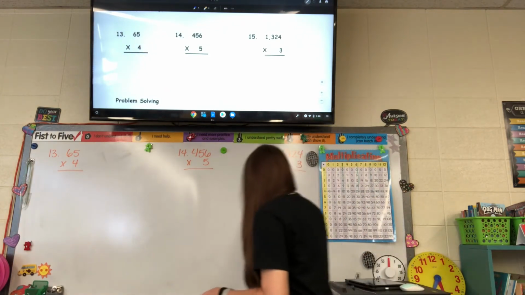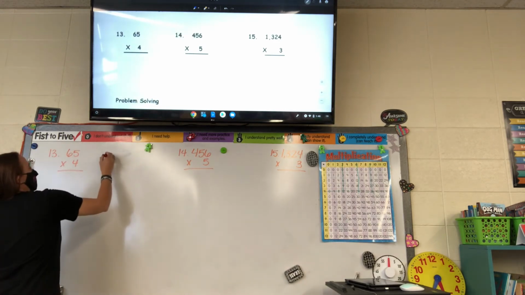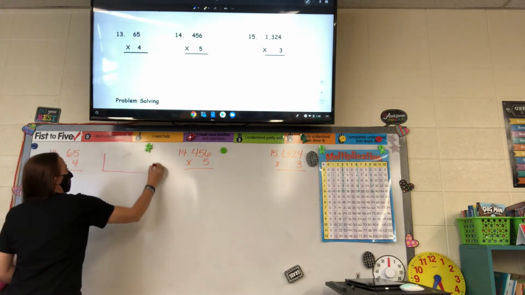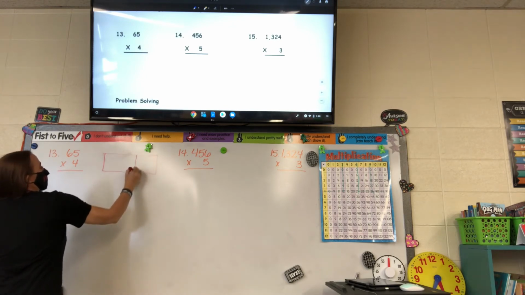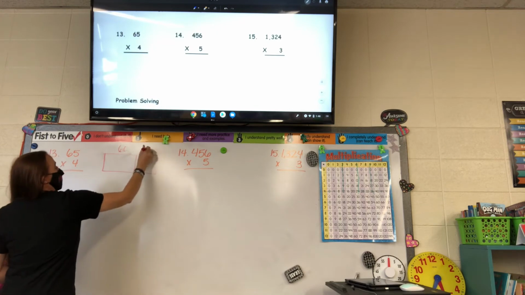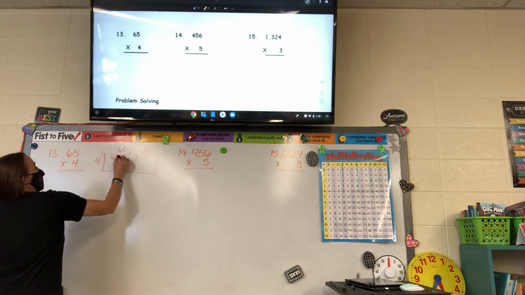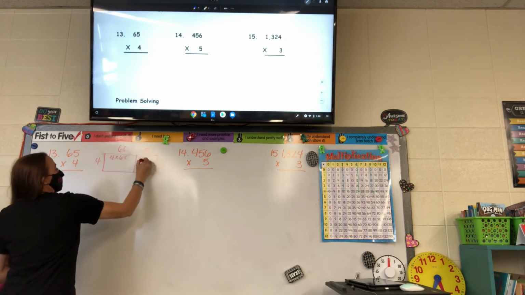Okay, so 65 times 4. If you choose to do a model, this is what you would write down. You can write them all down if you would like, but you only have to write down the one that you plan to use on the test.